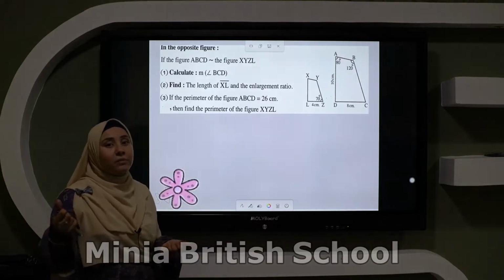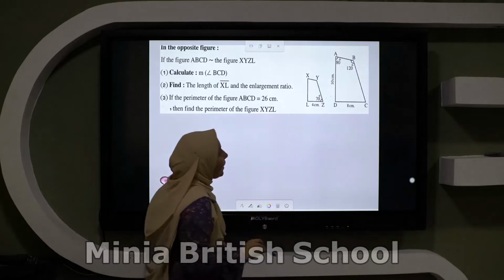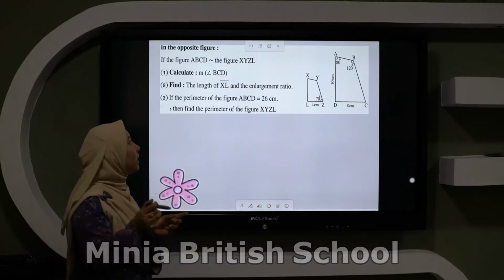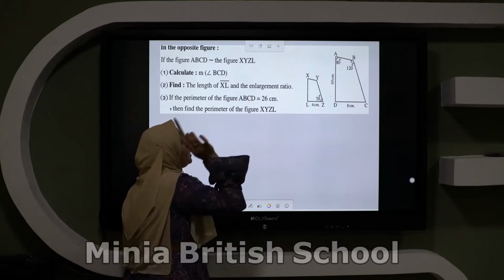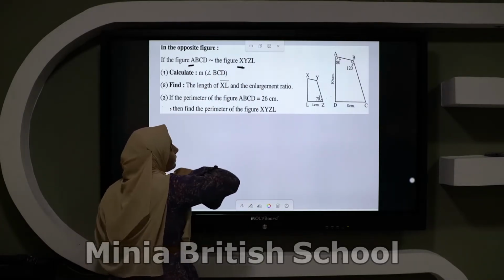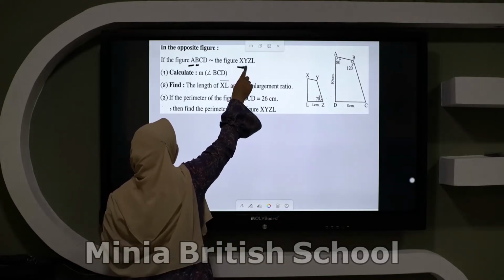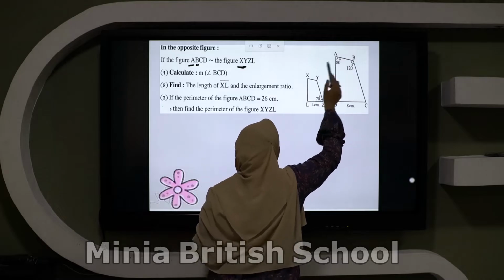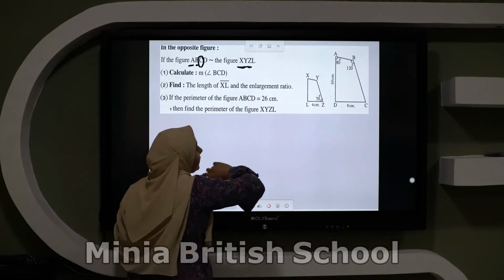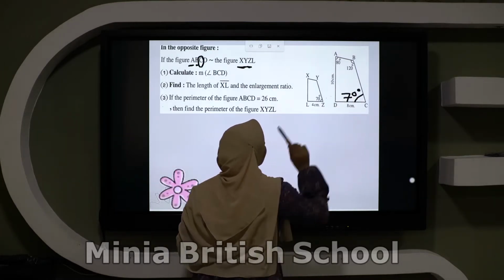I need to calculate the measure of angle C. Here I said ABCD is similar to the figure XYZL, okay, so measure of angle A equals measure of angle X, and measure of angle B equals measure of angle Y. Measure of angle C equals measure of angle Z. So measure of angle C here equals 70 degrees also, okay?